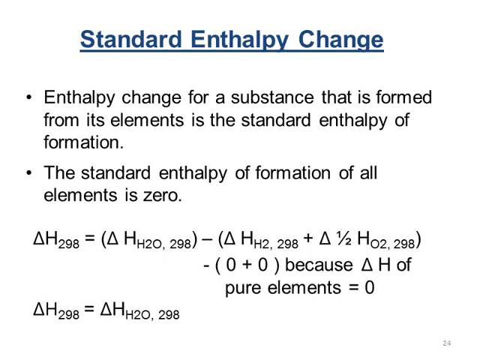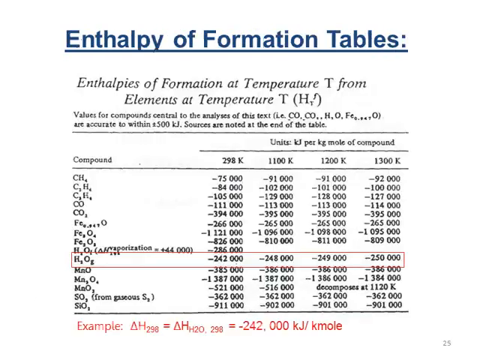And a rule of thumb is the enthalpy of formation of elements is 0, so the delta H for pure elements is 0. And in this case here, you're left with the delta H of H2O being equal to the delta H of the formation reaction, which you'll get from the table, which we'll discuss shortly.